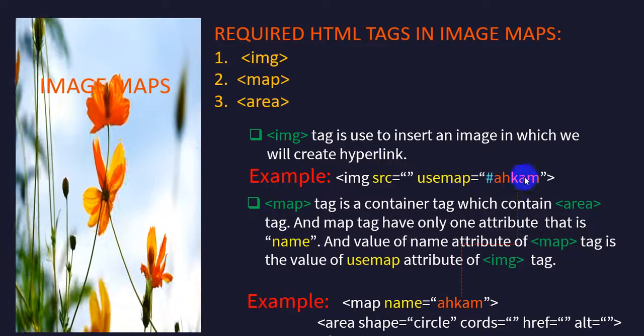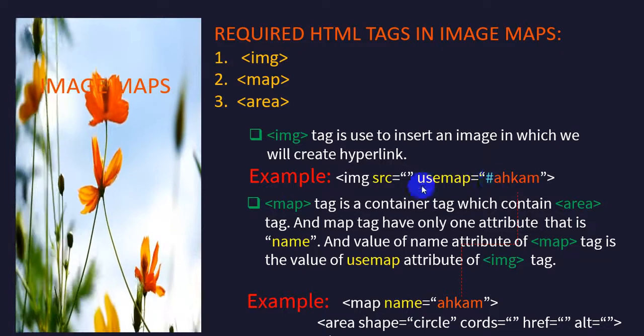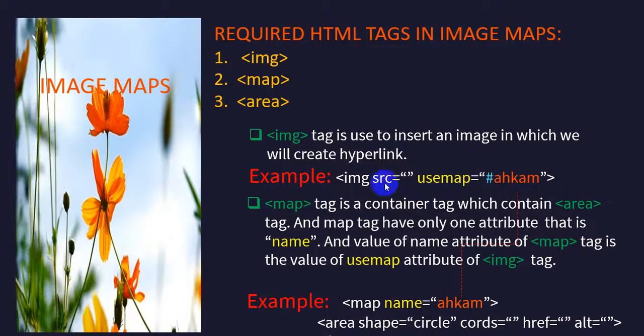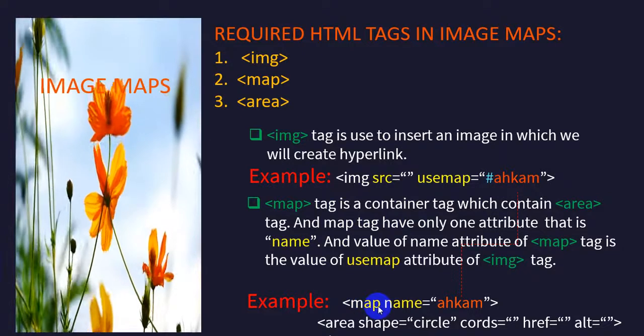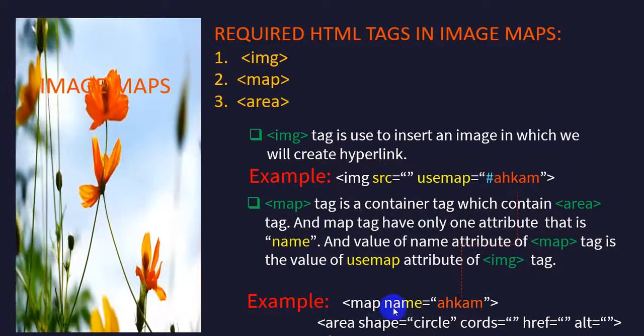Now you have inserted that image. After that image you have to write the map tag. The map tag has only one attribute, the name attribute.